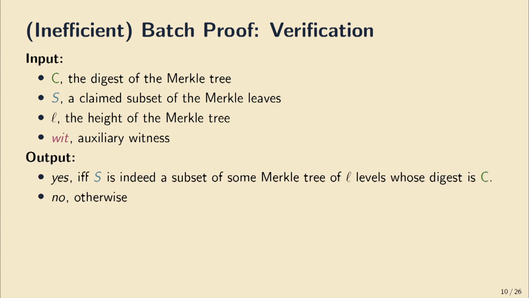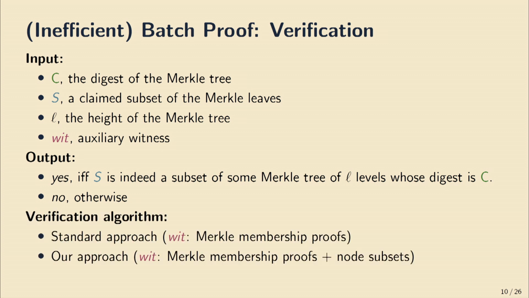And the verification should output yes if and only if S is indeed a subset of some Merkle tree of L levels whose digest is C, and no otherwise. All right? So I'm going to present to you two verification algorithms, one with a standard approach where the witness is just the Merkle membership proofs, and one with our approach where the witness is Merkle membership proofs plus some additional information that we call node subsets.